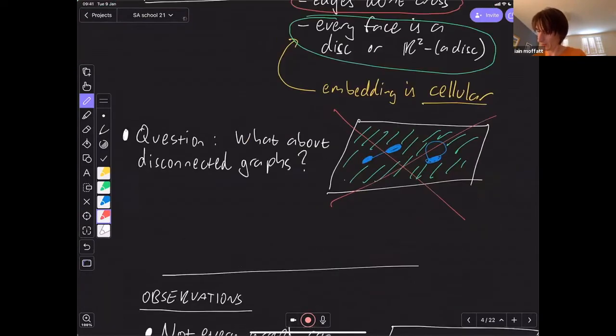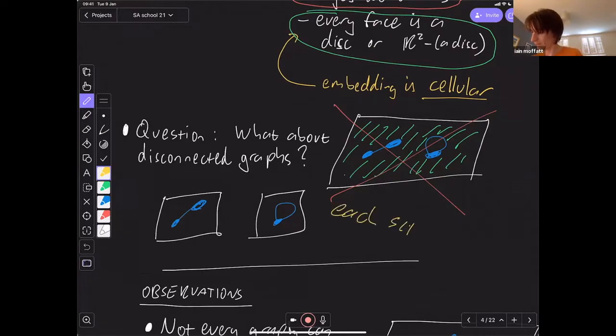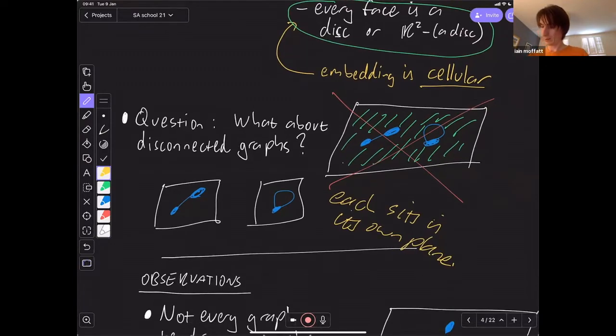In this situation, when I've got more than one component, I must draw them in different copies of R2, so each sits in its own plane. Again, not such a major issue when we're dealing with plane graphs, but it will come up a little bit more later.